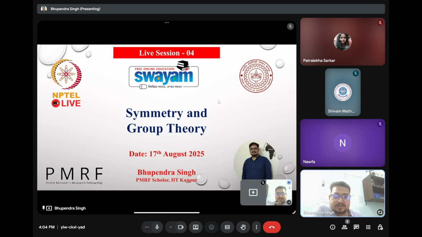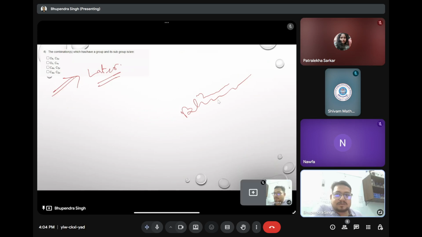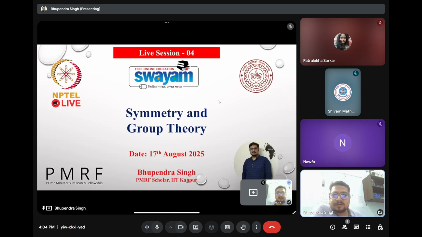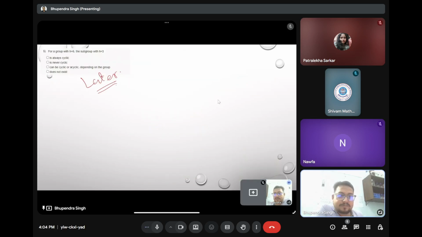In the last class also we saw some examples about how to find the point group of the Taj Mahal, Lal Qila, I mean Red Fort, and Qutub Minar. So today also we will do some more.